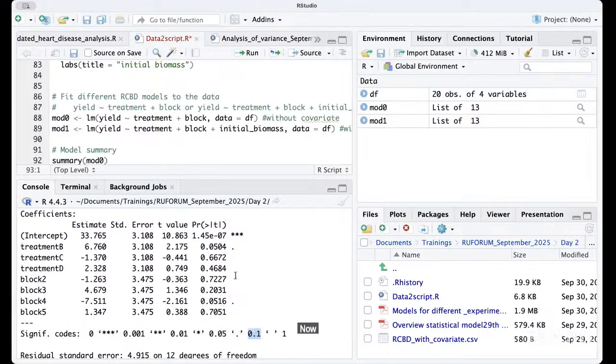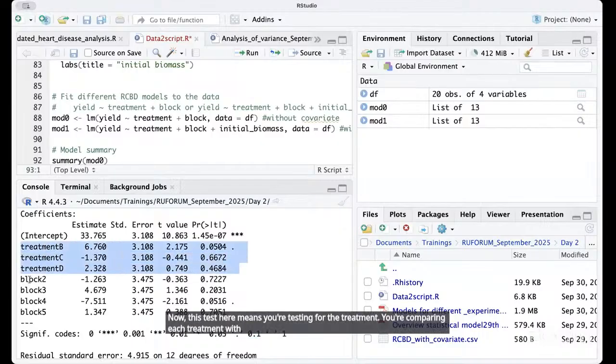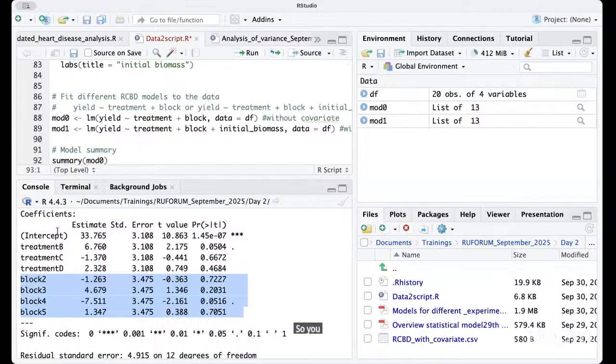This test means you're comparing each treatment with treatment A. For the block, you're comparing each block with block 1, because those are set as the baseline. So when we run a model without the covariate, only the intercept is significant at 5%.